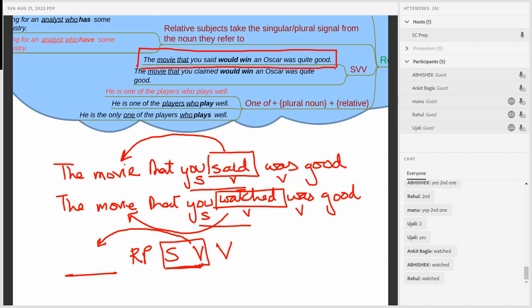Okay, I've got a couple of answers. Watched. Rahul's also saying watched. That is absolutely correct. The movie that you watched, yeah, absolutely. The movie that you said, you can't say a movie. So the first one is not capable of working with that noun.